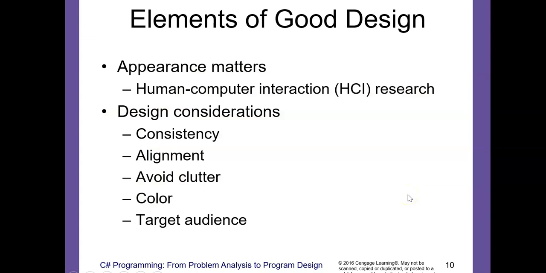Now, elements of code design. Human-computer interaction, HCI, research has some conventions, things nice to have: consistency, alignment, avoiding clutter, color, and target audience.